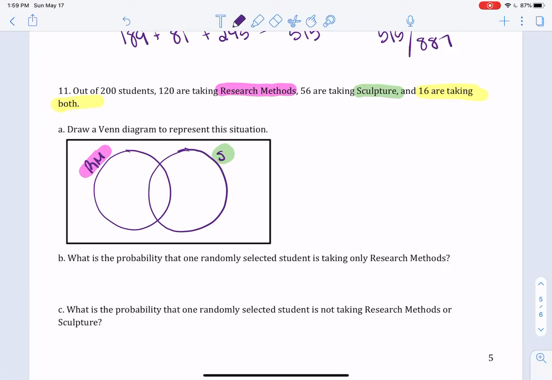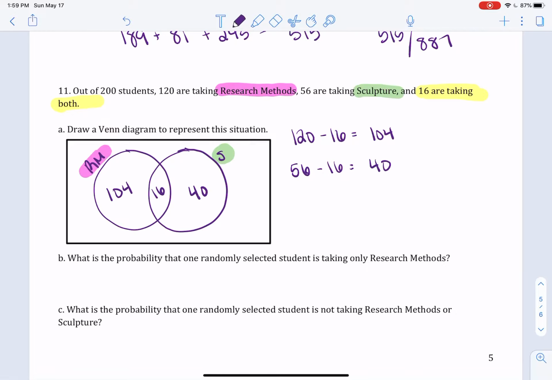All right. So the biggest thing I think to notice right away is that there are the people that are taking both of those classes. So it helps to put that in the middle, I think, first, because then like for research methods, okay, well, we know 120 are taking research methods minus the both. So that would be 104. Then we've got 56 taking sculpture, but we've got to minus the both. So that would be 40.